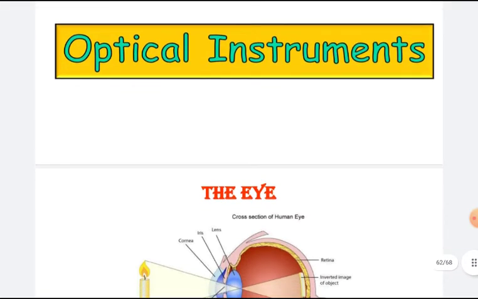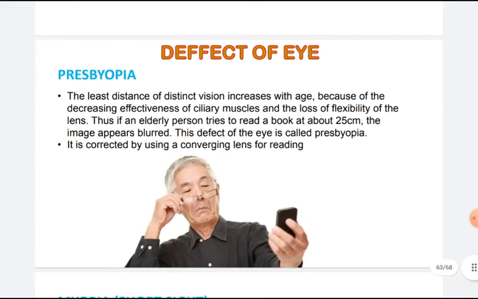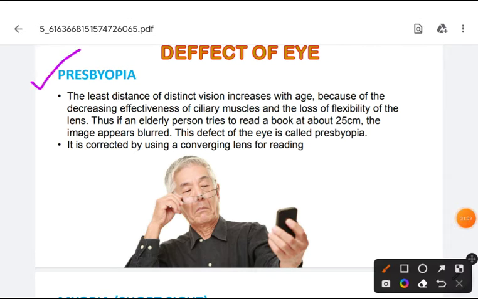And then about optical instruments, first the eye, then the defects of the eye. The defects of the eye include presbyopia.